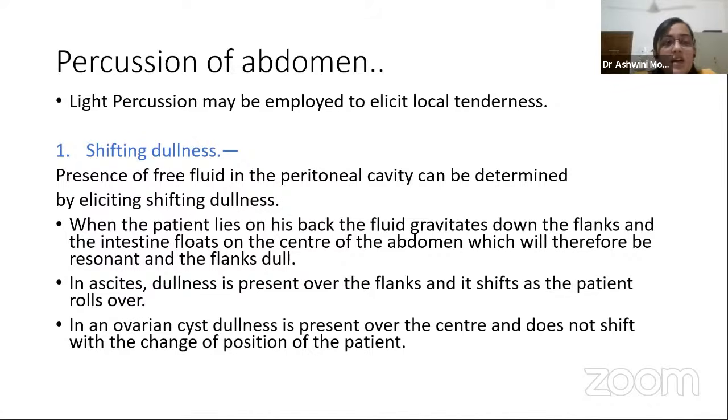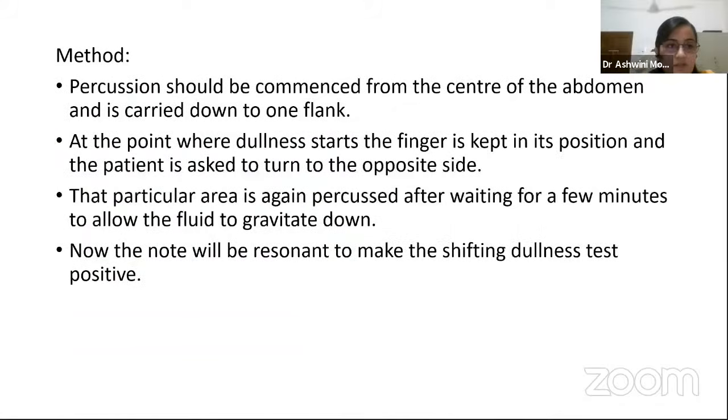In ascites, dullness is present over the flanks, and it shifts as the patient rolls over. Whereas in an ovarian cyst, the dullness is present over the center and does not shift with the change in the position of the patient. So we can differentiate ascites from ovarian cyst by the shifting dullness.